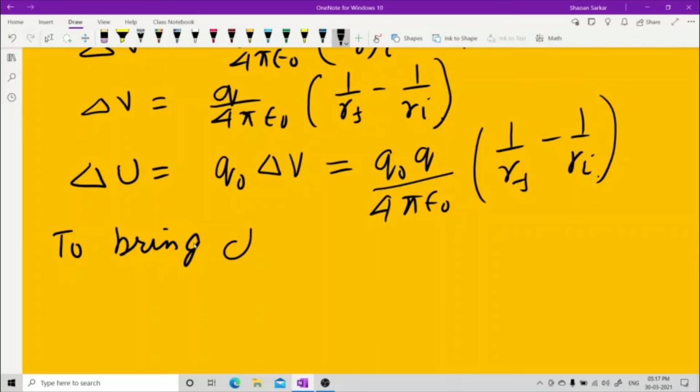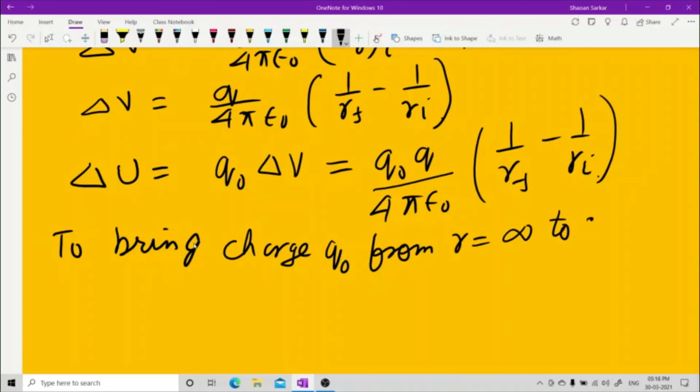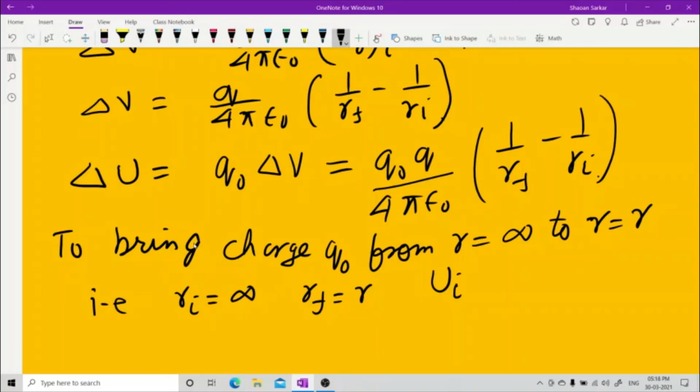The test charge is Q naught, from R equal to infinity to R equal to some R. That means R initial is infinity and R final is R. In this case, the initial potential energy is considered 0 at R equal to infinity, and U final is U at R final equal to R.